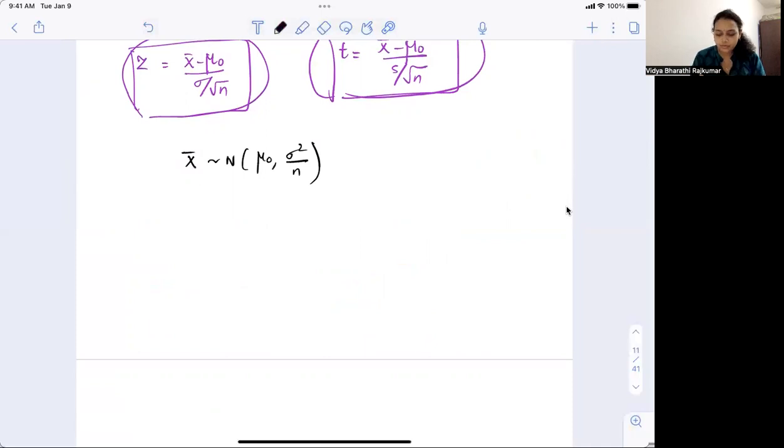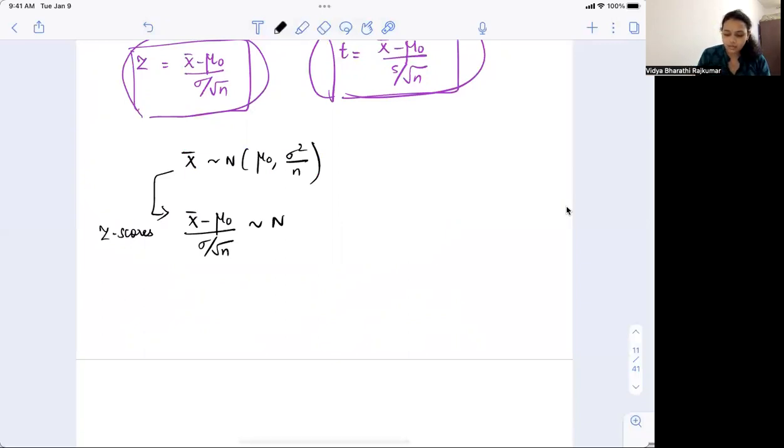When I convert every single observation to its corresponding z-score, and I look at the column of all of those z-score values, my random variable is effectively transformed to be like this. You subtract the mean and divide by the standard deviation, and this will end up following the standard normal distribution.